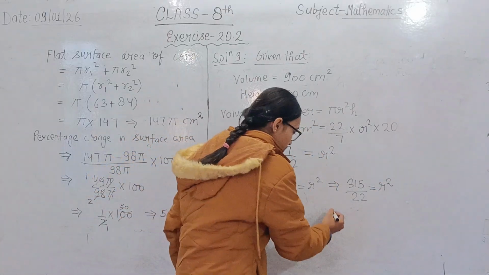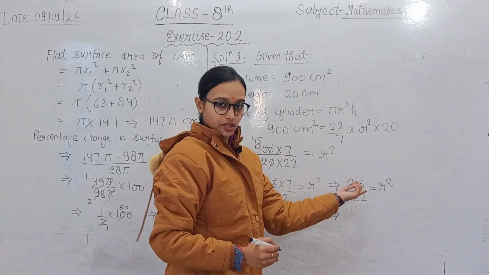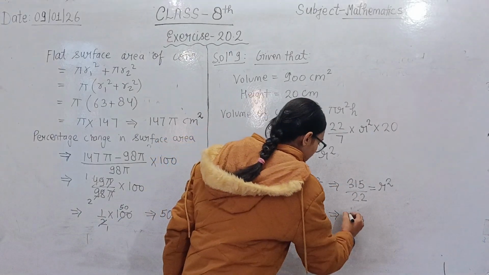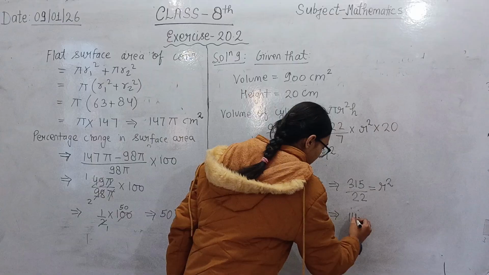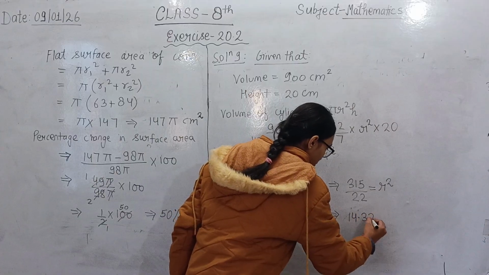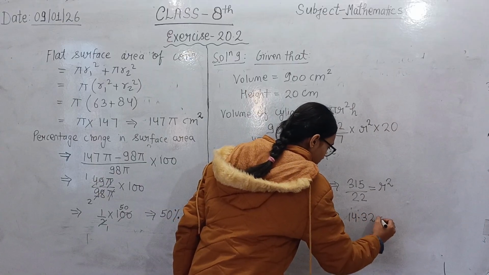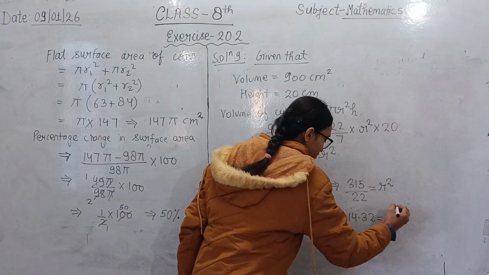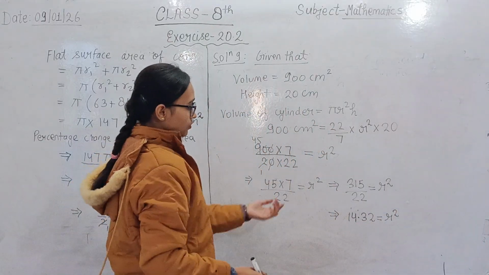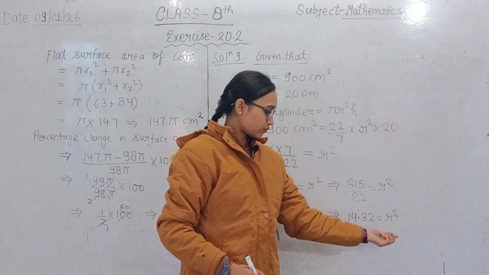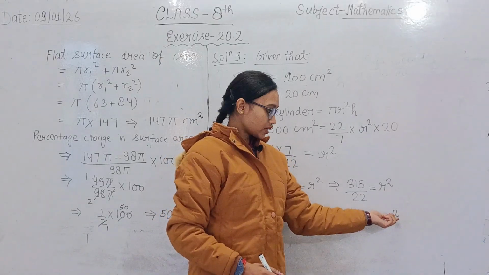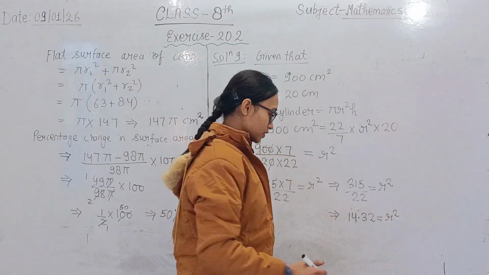Now, when we will divide 315 with 22, we will get 14.32 equal to R square. We have to calculate the value of R, not R square. So we have to remove this power 2.